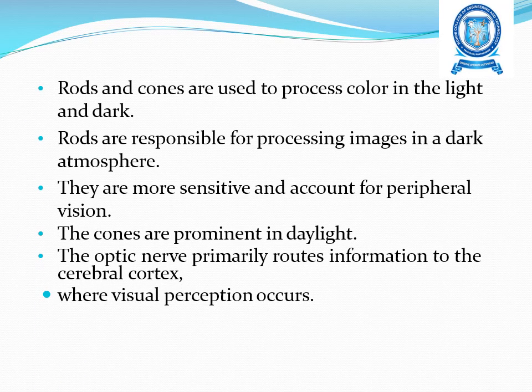You can see that rods and cones are used to process color in the dark as well as in the light. Mainly the rods are responsible for the image in a dark atmosphere, and the cones are prominent during daylight. So this is how the rods and cones work.